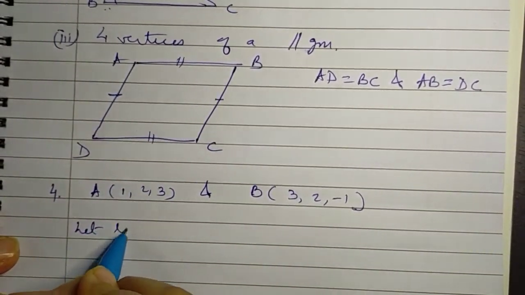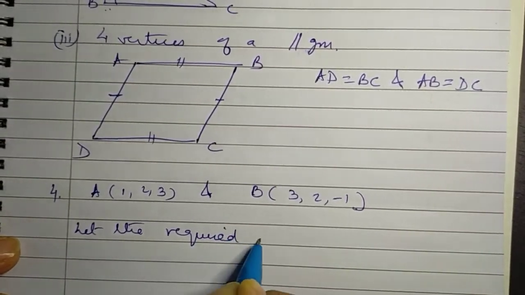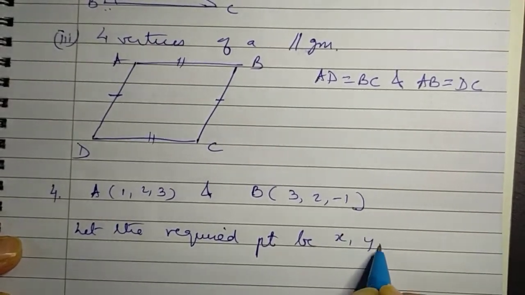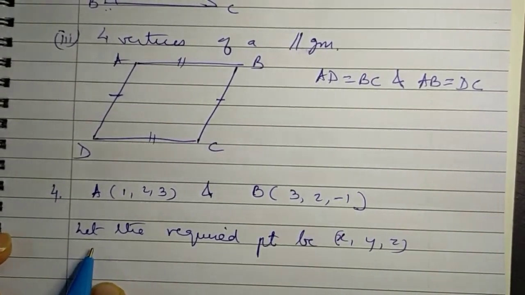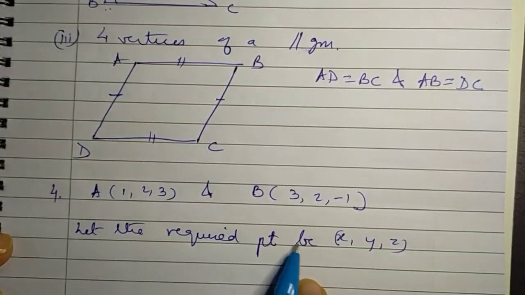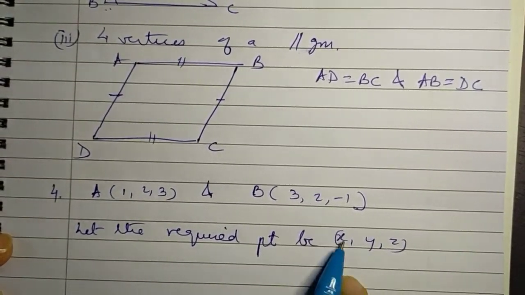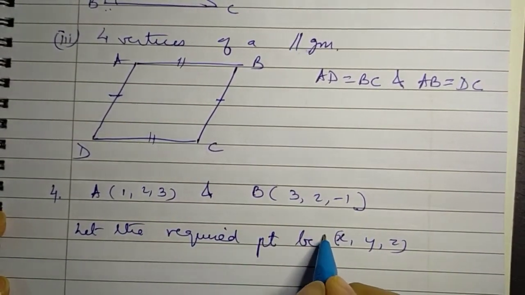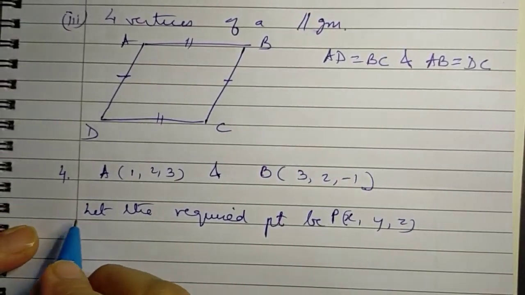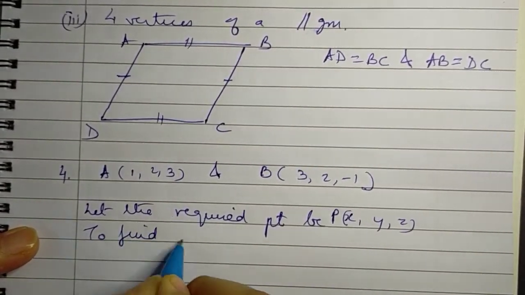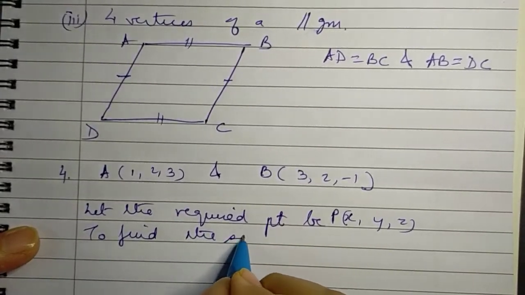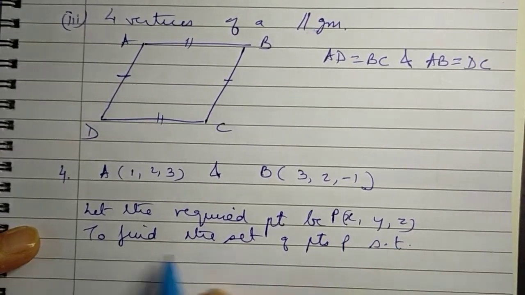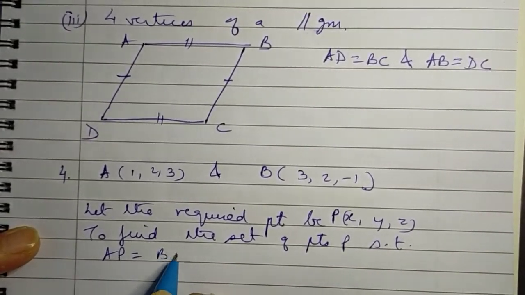Let the required point be X, Y, Z. So we are required to find the set of all the points which satisfy the condition that, let us call it P, to find the set of points P such that AP equal to BP.